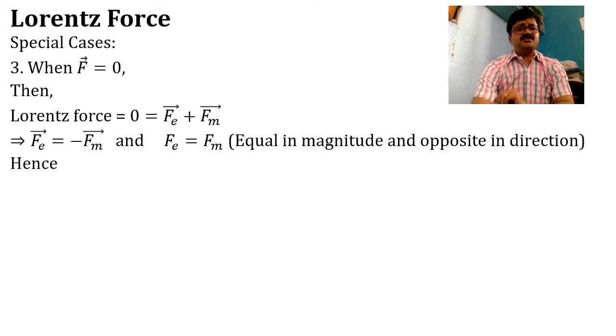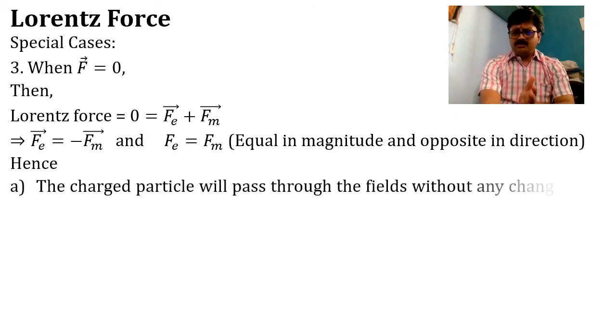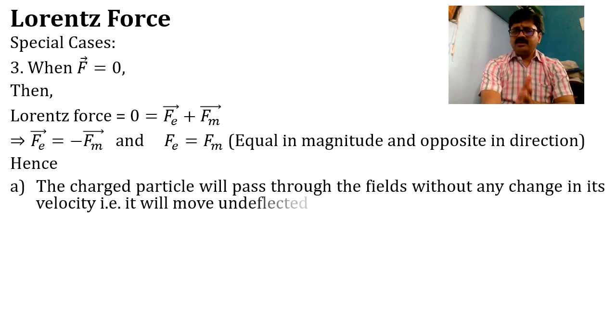Hence, we can very easily understand that the charged particle will pass through the fields without any change in its velocity. That is, it will move undeflected, because see here, electric and magnetic force, both of them are equal to each other and opposite in direction.